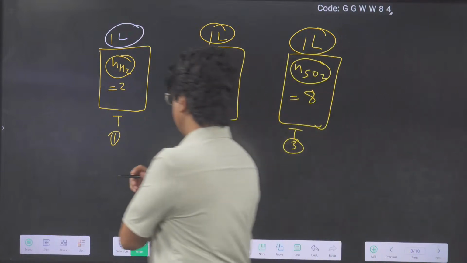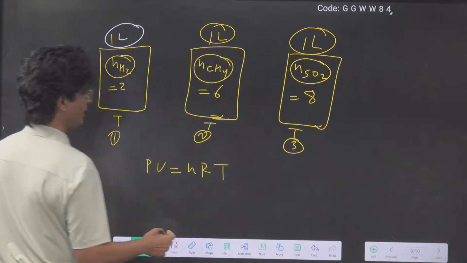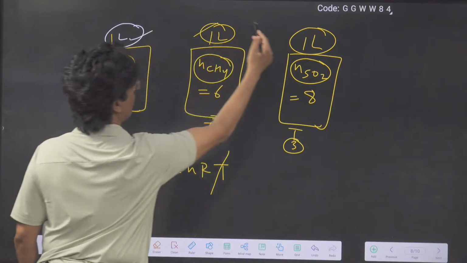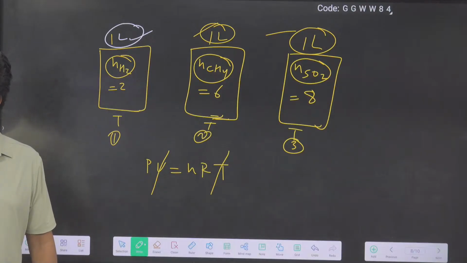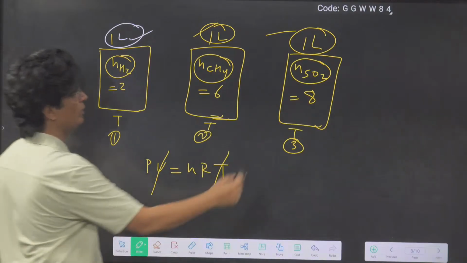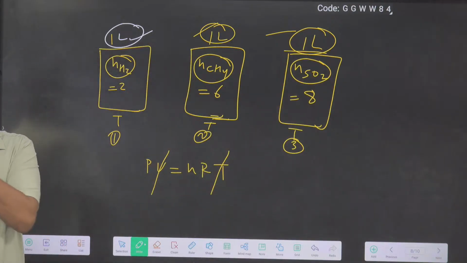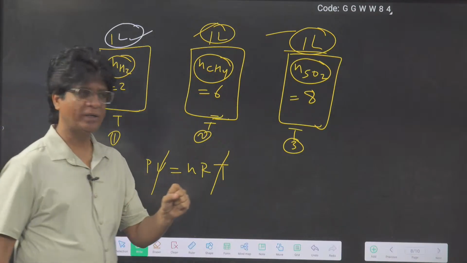Now see that. I know that PV equals nRT, right? When the temperature is the same, the volume is the same because it is all 1 liter, right? Volume is 1 liter everywhere. Sir, volume is more for H2 than SO2, no? No, it is not like that.